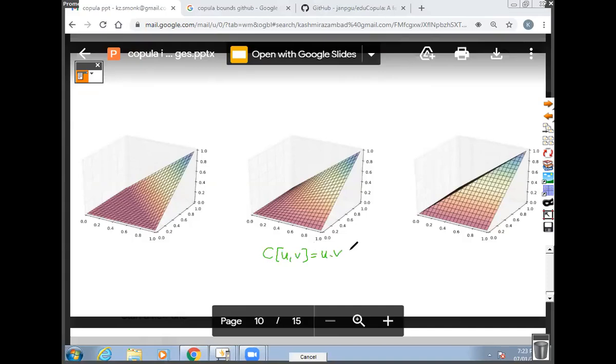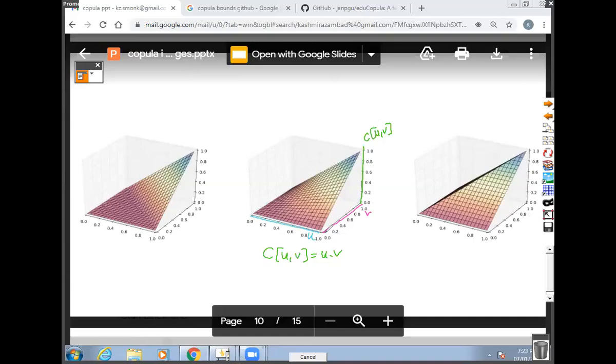So if I'm looking at the independence copula, I get something like this. Again, remember, this height represents my copula, U comma V, and this represents my V, and this represents my U.